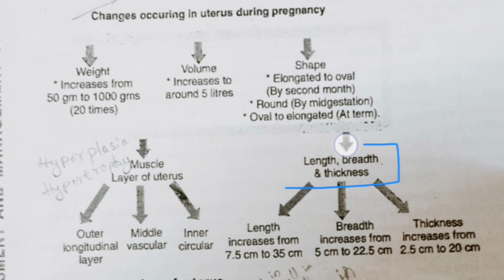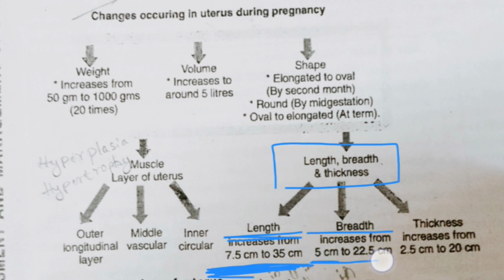Next, very important, the length, breadth and thickness of the uterus. The length of the uterus is normally 7.5 centimeters, but it increases to 35 centimeters. The breadth of the uterus is normally 5 centimeters, it increases to 22.5 centimeters.